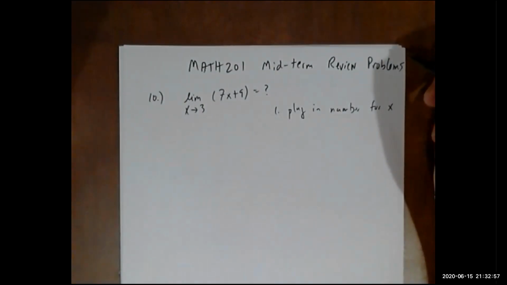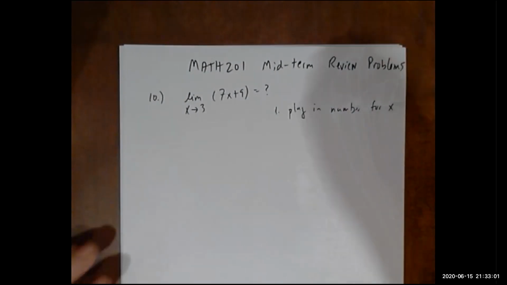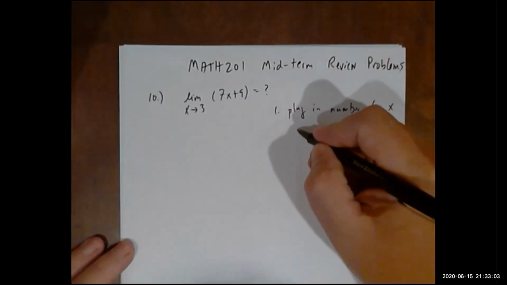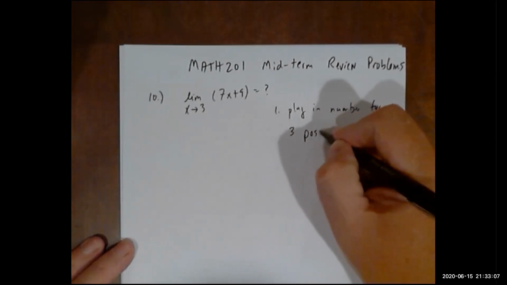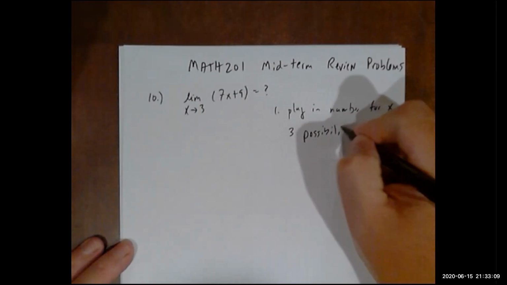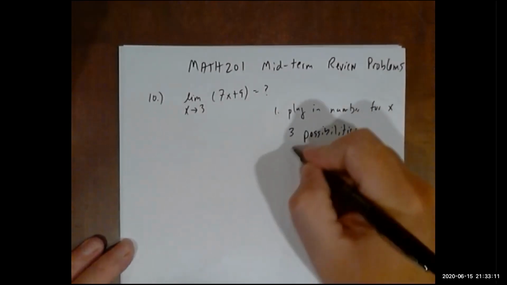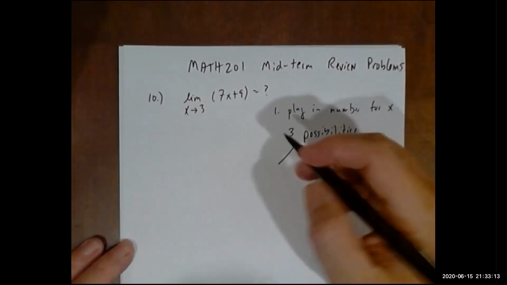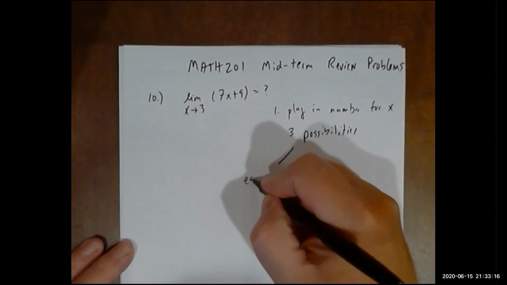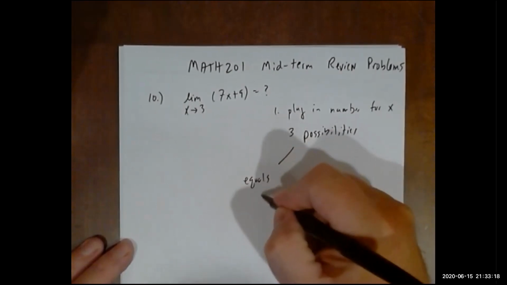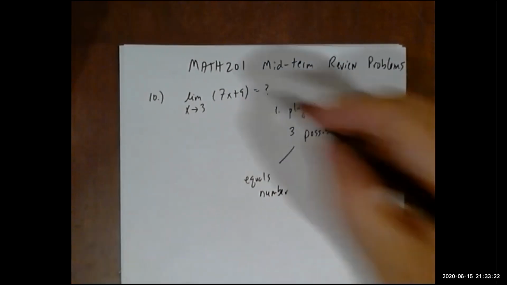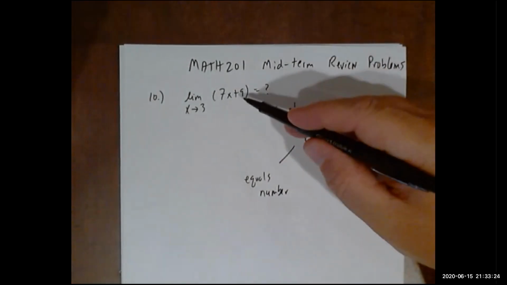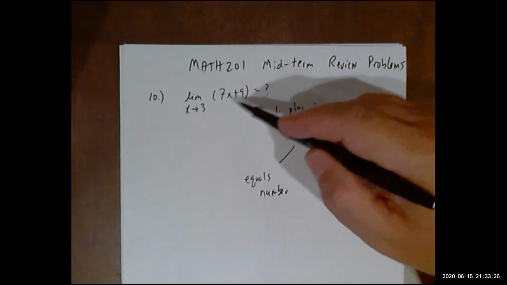And actually, there's only 3 possibilities. So the first possibility is it equals a number.